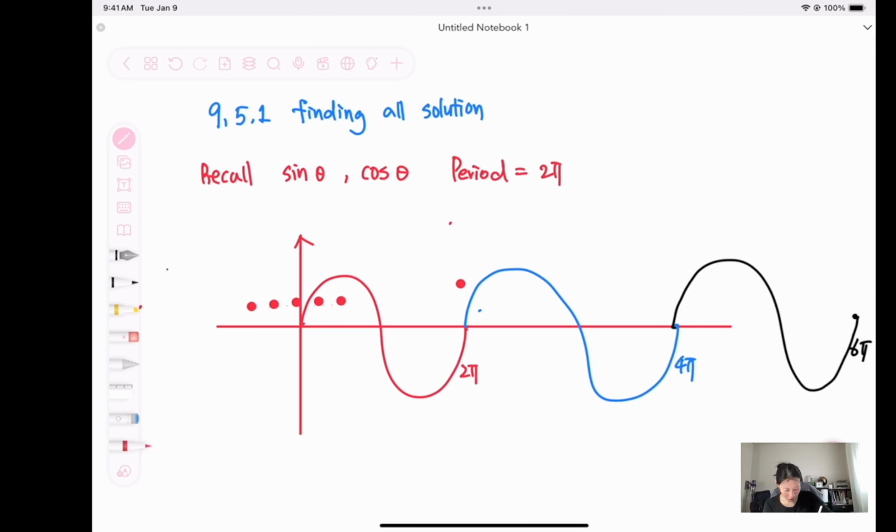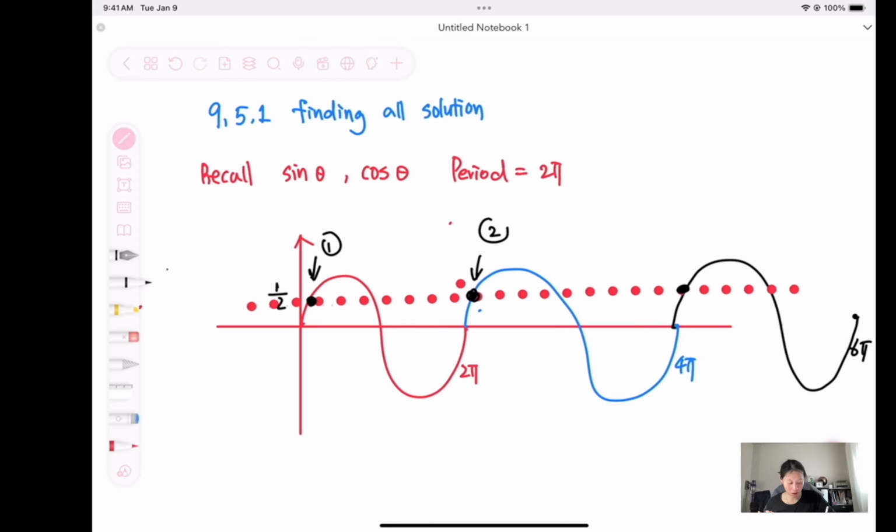So look at this, this is y equals 1/2. So look, this is one solution, this is another solution, this is another solution. So we have 3 solutions for every 3 periods. That means each of these solutions will repeat every 2 pi, right? It repeats here, the second time, the third time.